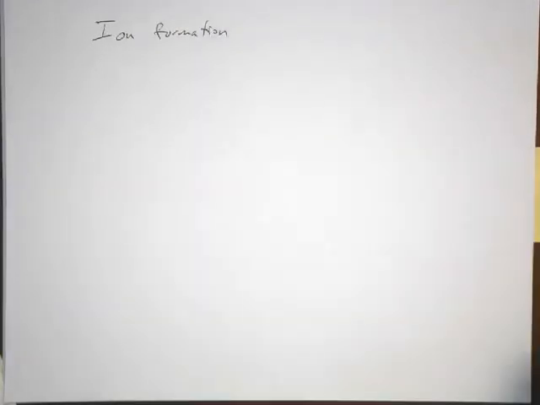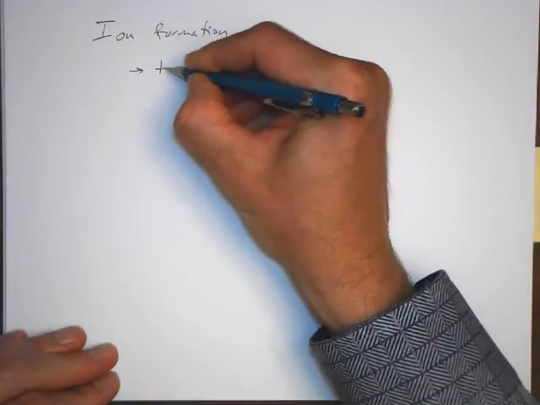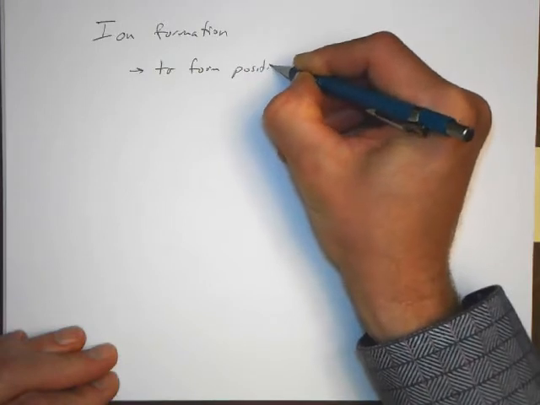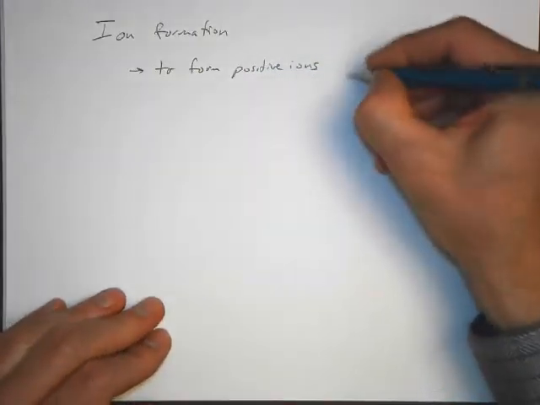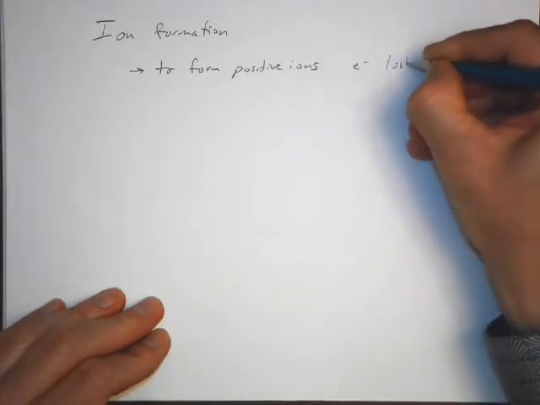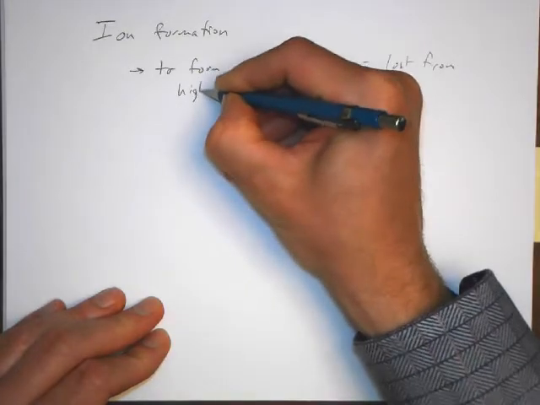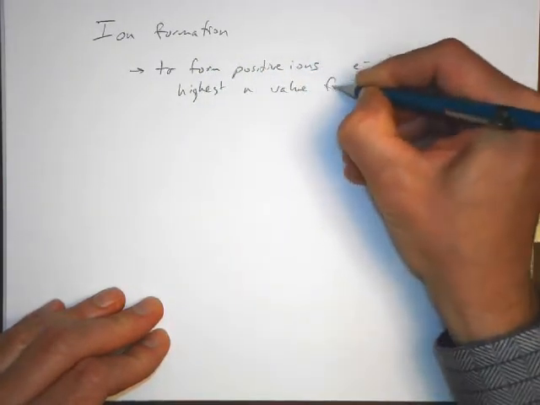Let's say we have, for example, so we all know that to form positive ions, electrons are lost from the highest n value first.